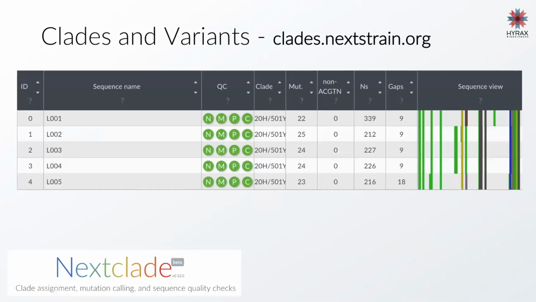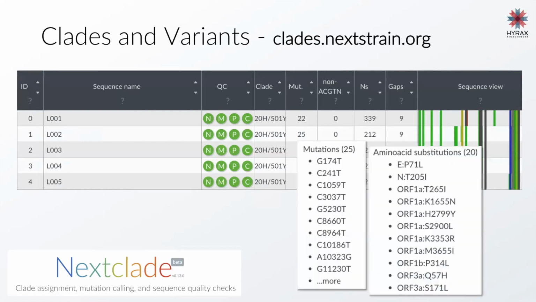So the tool for defining variants is the same as for clades, and this is called Nextclade. And Imogen is going to go through this in a little more detail when she does the demo, but along with your sequence name, here you have your QC, so quality control, the clade definition, as well as both the nucleotide and amino acid substitutions or variants.